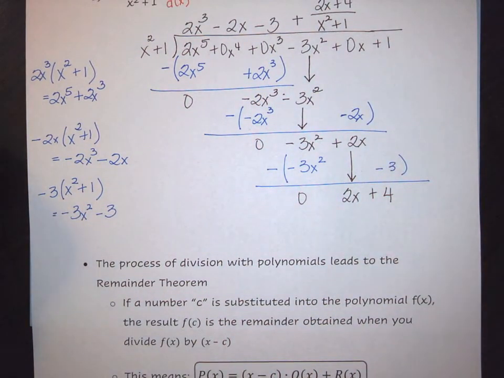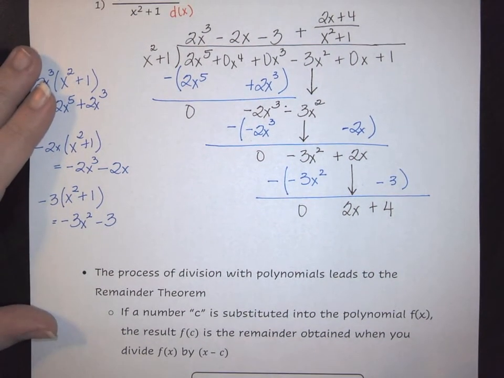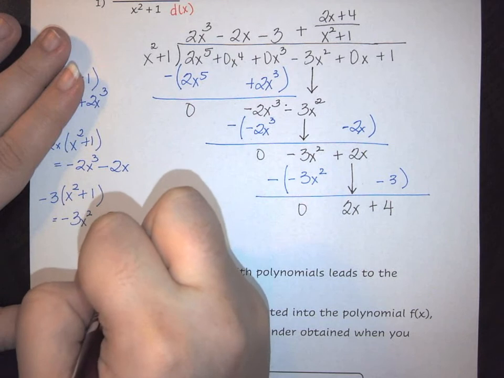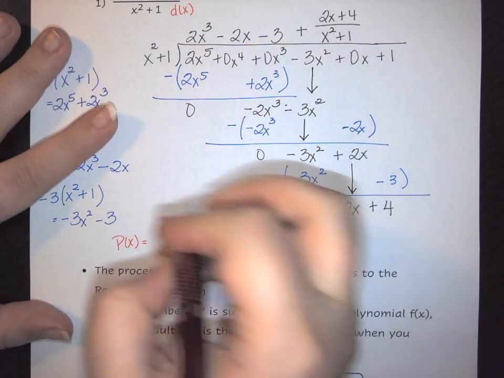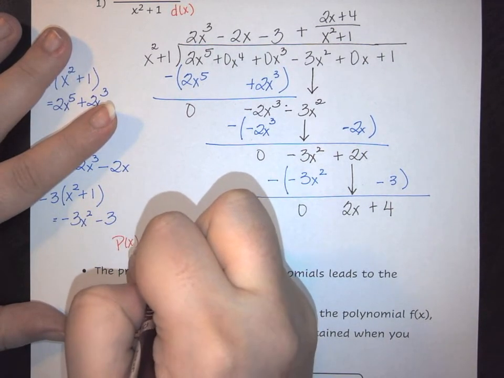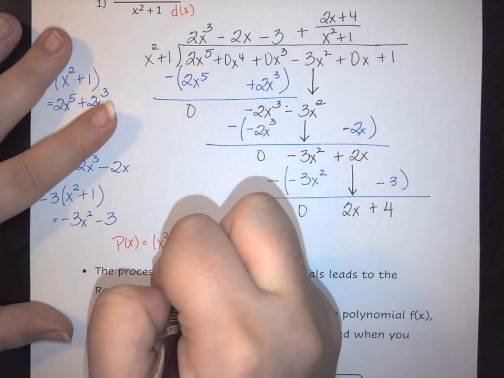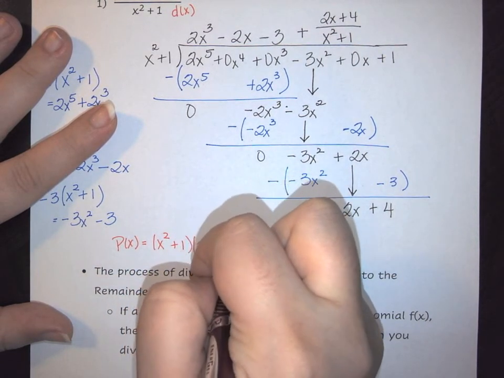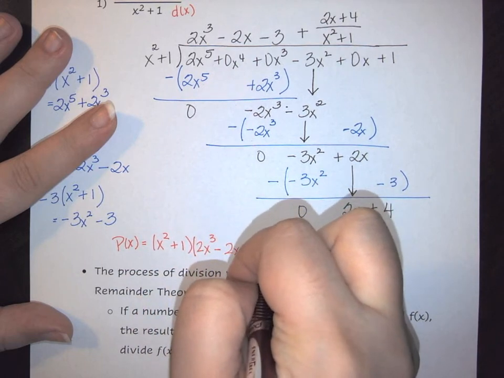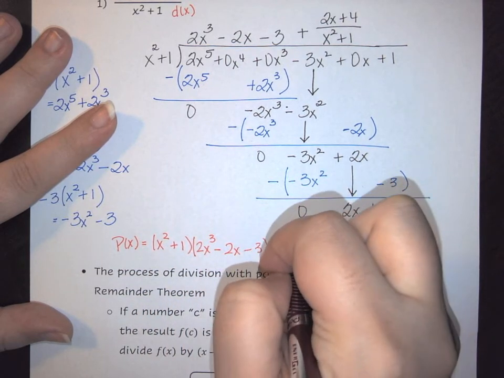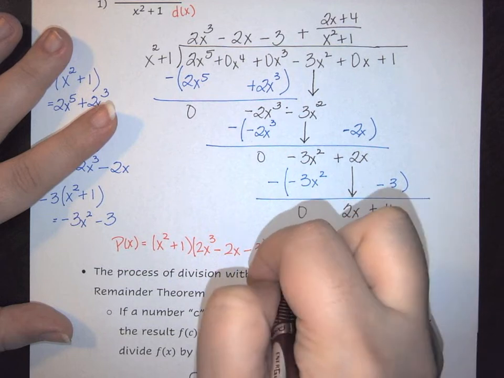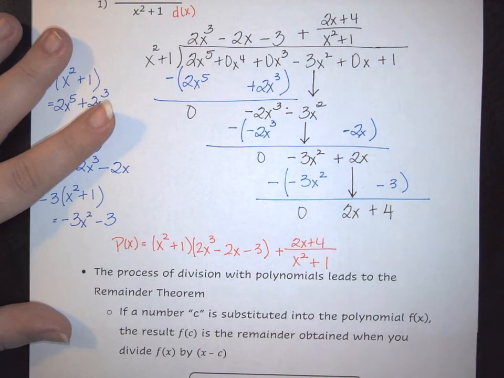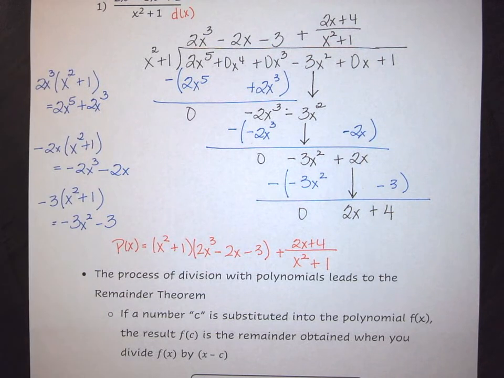So now we need to rewrite this into my proper form, which would say that we have P of x is equal to x squared plus 1 times 2x cubed minus 2x minus 3 plus 2x plus 4 divided by x squared plus 1. Long division.